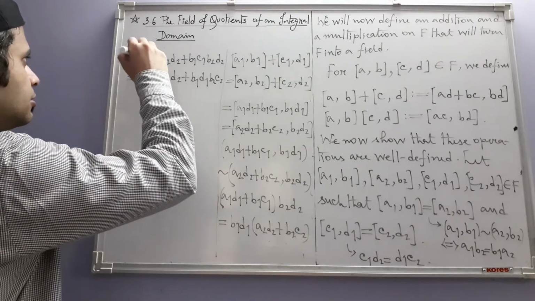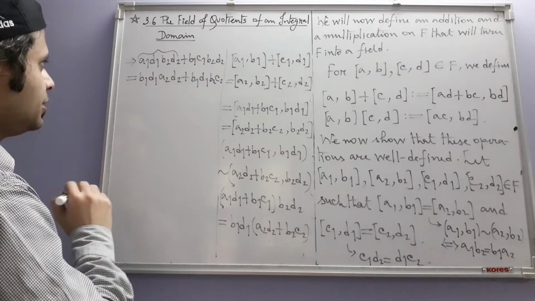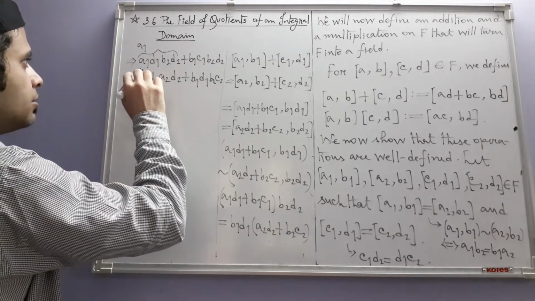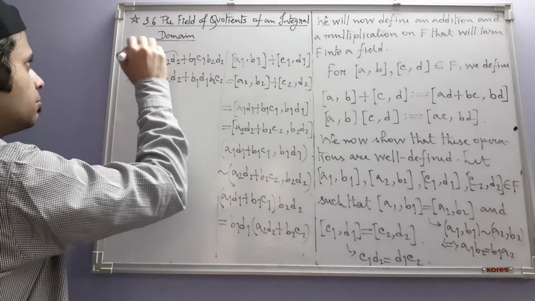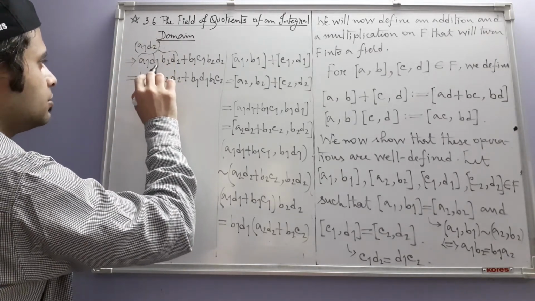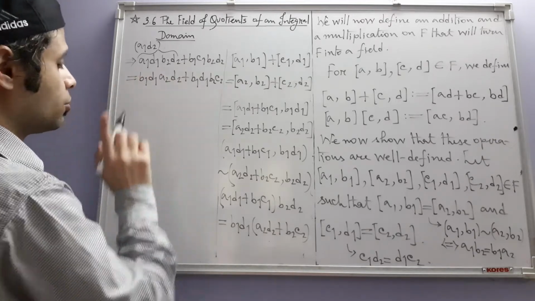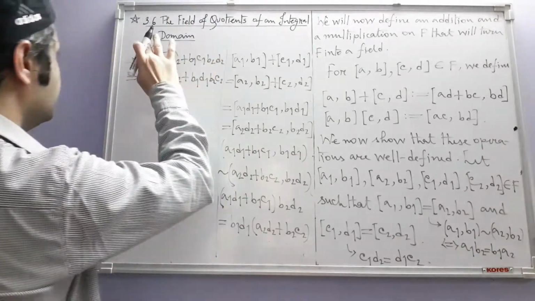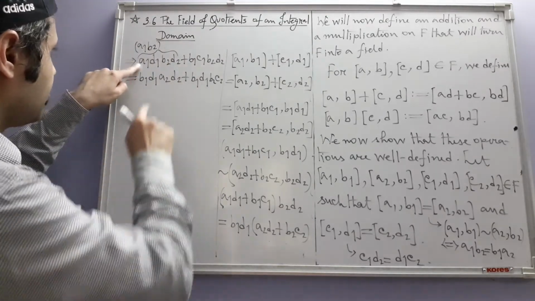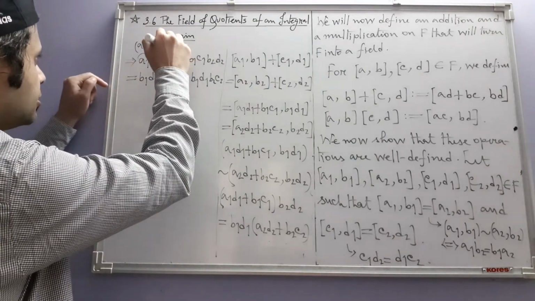You see, this term can be written like this: A1 B2 D1 D2.